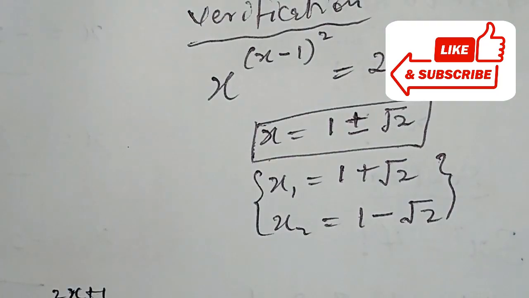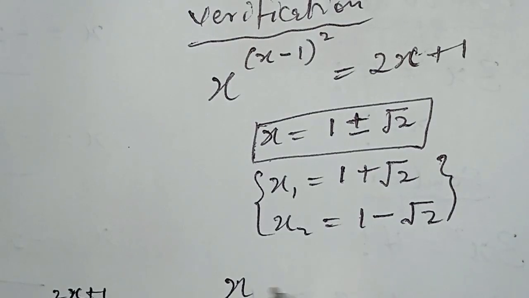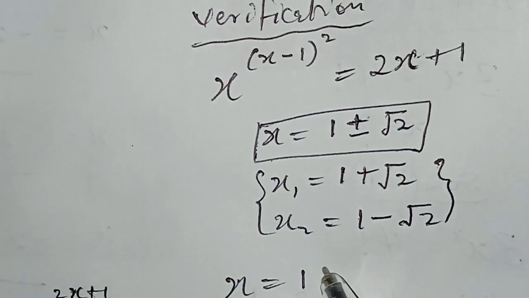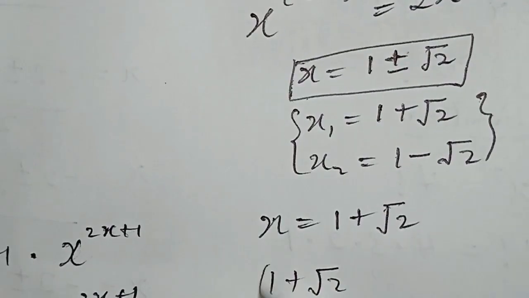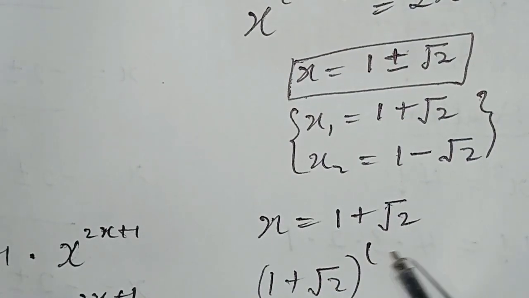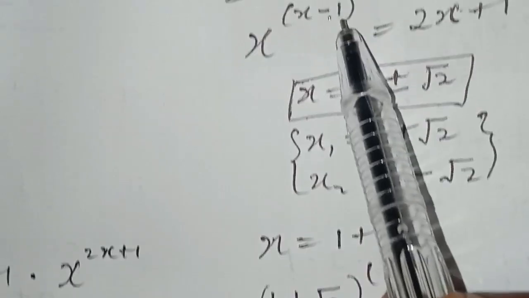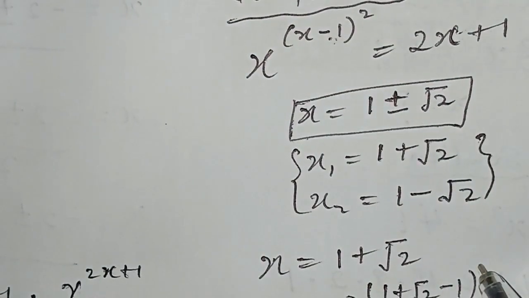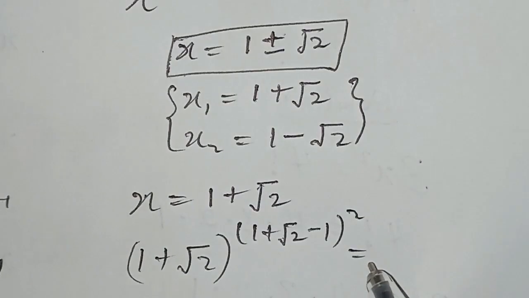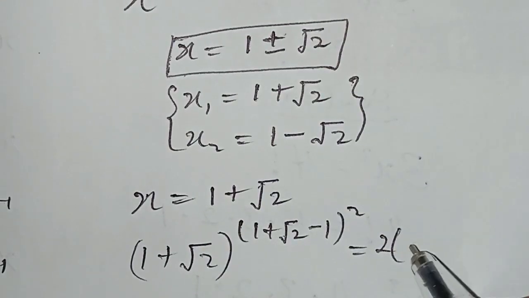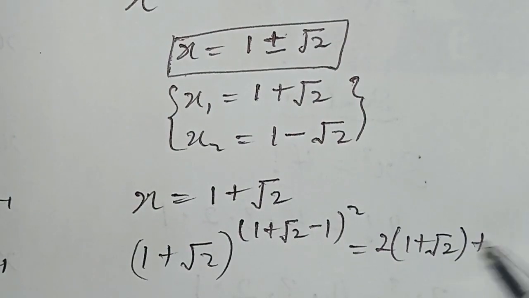If we substitute this value, at x equal to 1 plus the square root of 2, we now have 1 plus the square root of 2 into brackets to the power of 1 plus the square root of 2 minus 1, everything to the power of 2, is equal to 2 into bracket 1 plus the square root of 2, then into bracket plus 1.